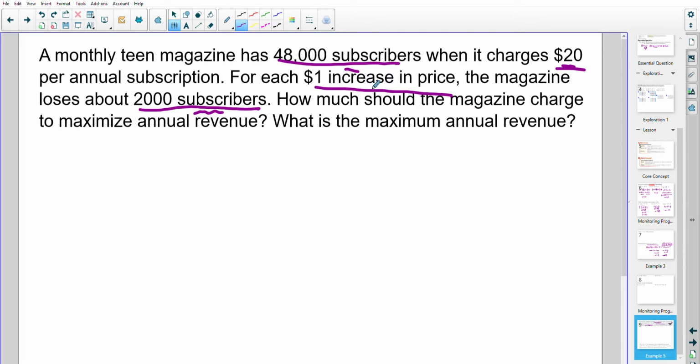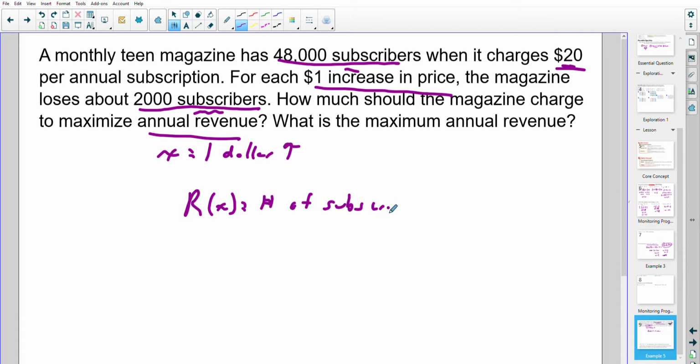So a $1 increase in price is going to be X. And so the function, the annual revenue, R of X, revenue of X, is equal to the number of subscribers times the amount per magazine, the amount charged per magazine.